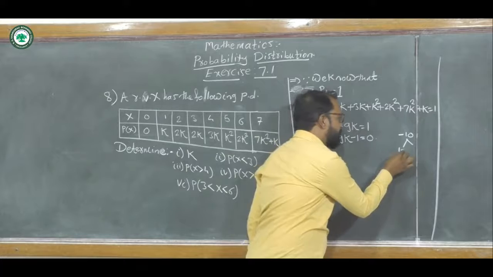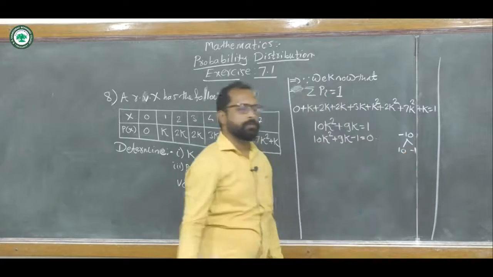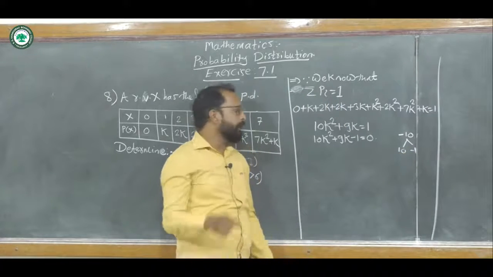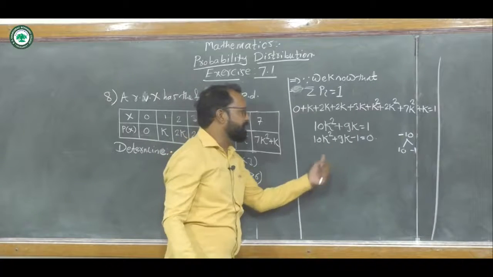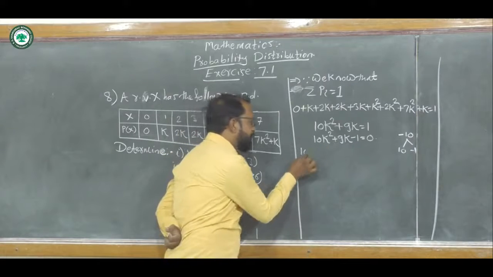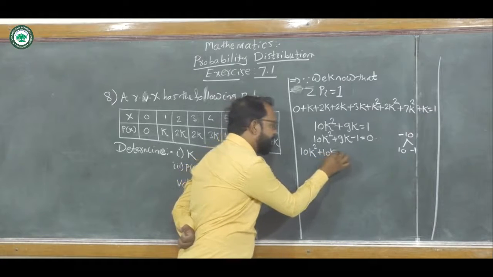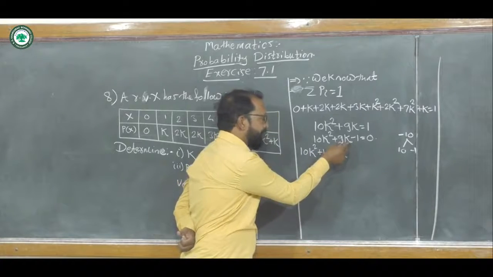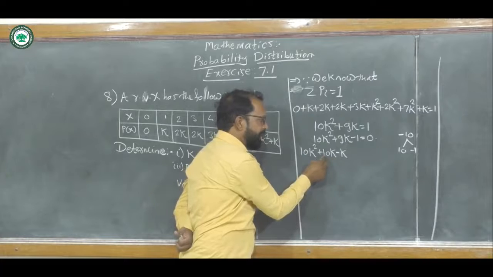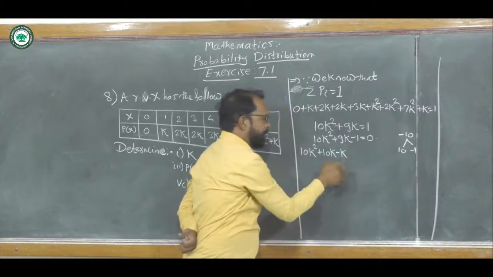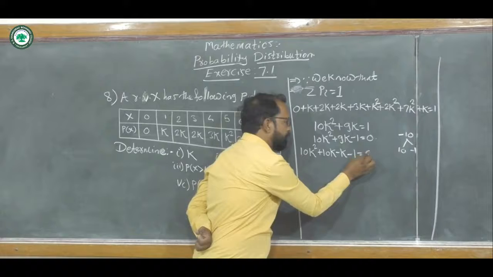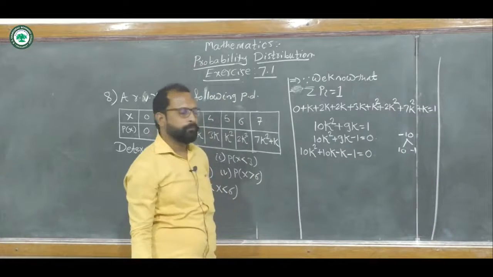Such two numbers are 10 and minus 1. So this can be written as 10k square plus 10k minus k, where 9k is written as 10k minus k, and this minus 1 equals 0.